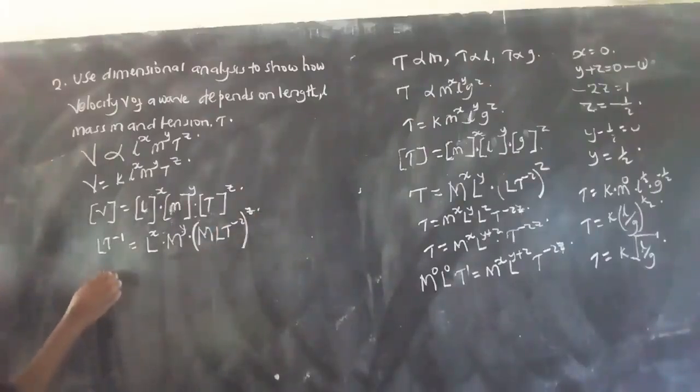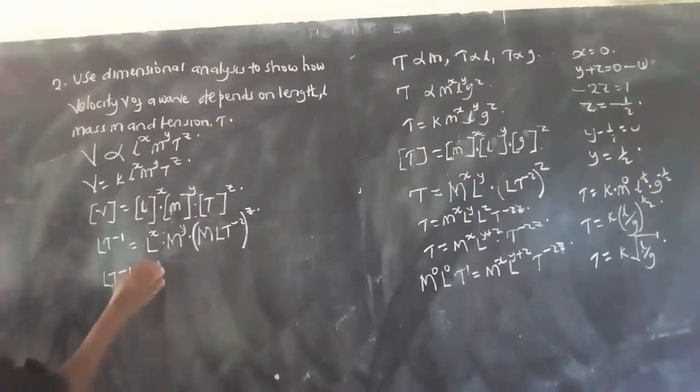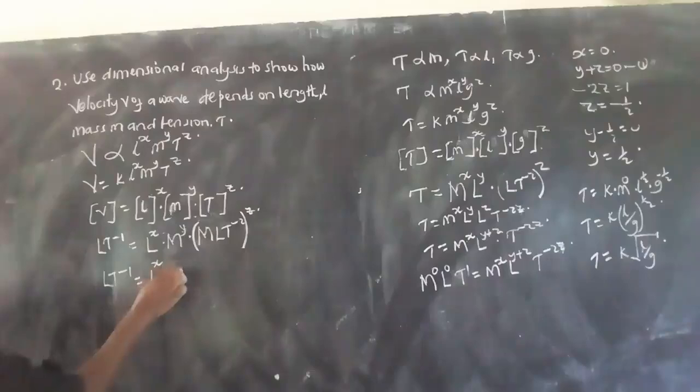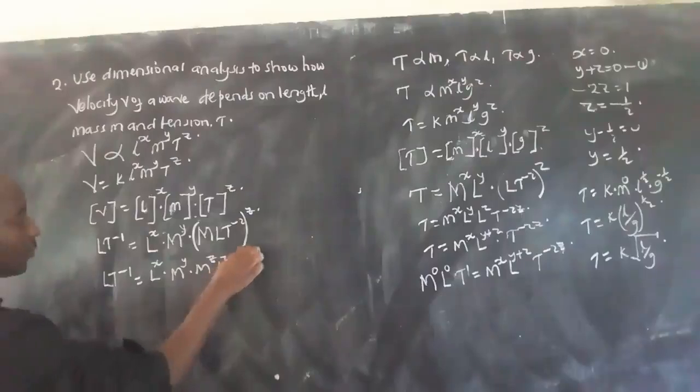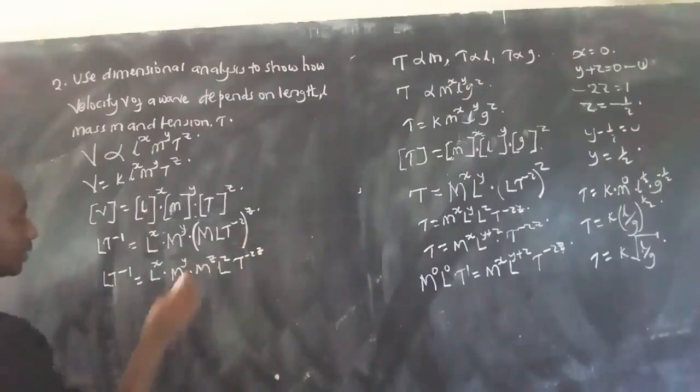So L T to the negative 1 can be written as L to the x, M to the y, times M to the z, L to the z, T to the negative 2z.